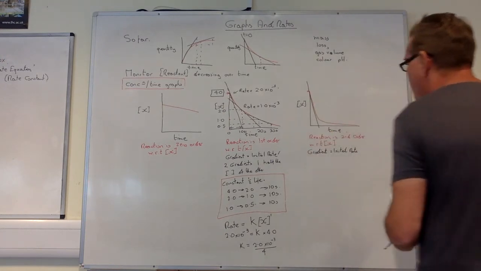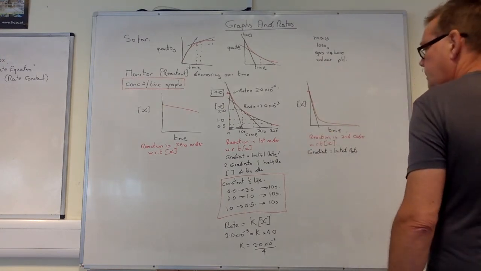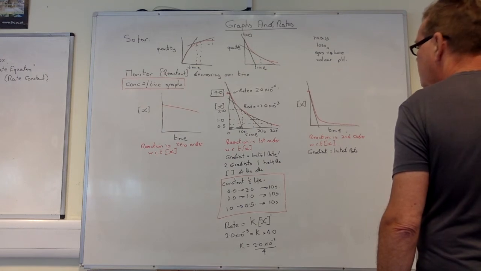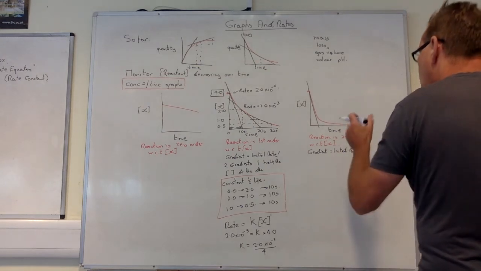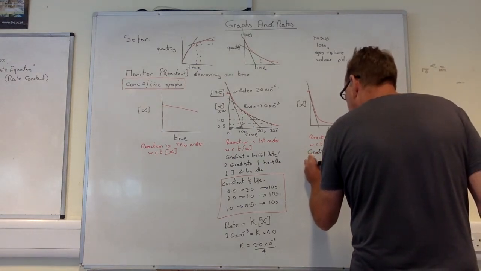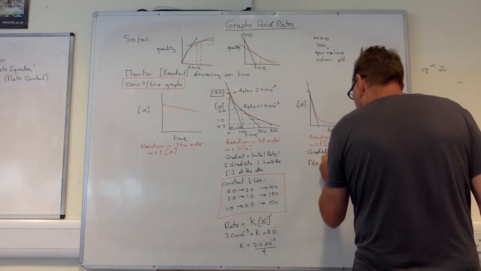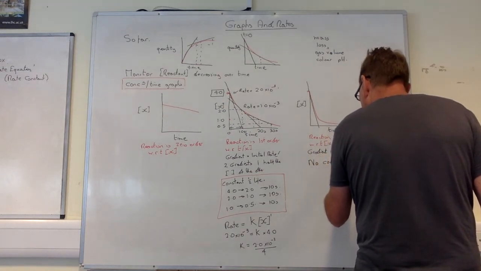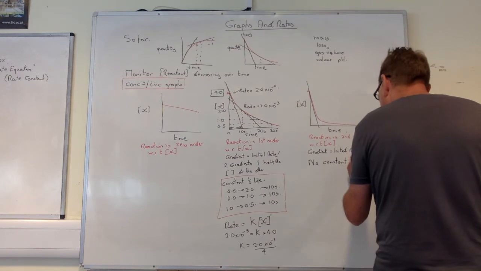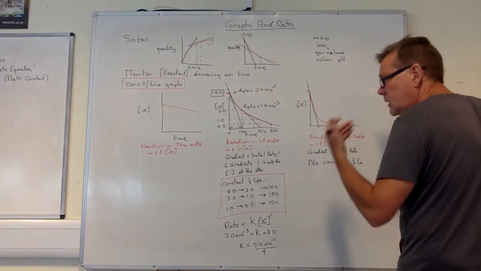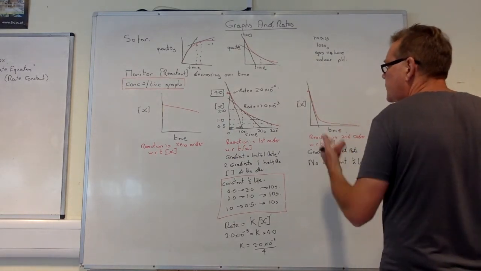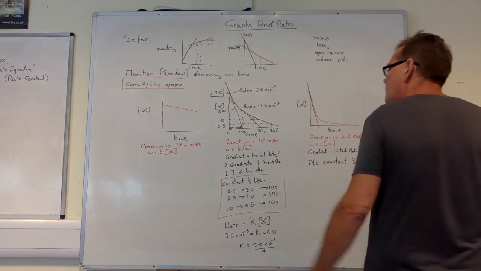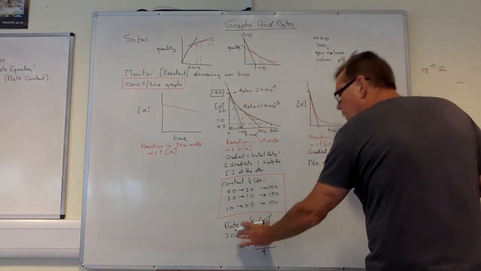Second order is less common. But I suppose with second order you can do exactly the same. It will have no constant half-life. It won't work. These are much less common because they are finding out that something isn't first order, whereas they tend to ask that it is first order.